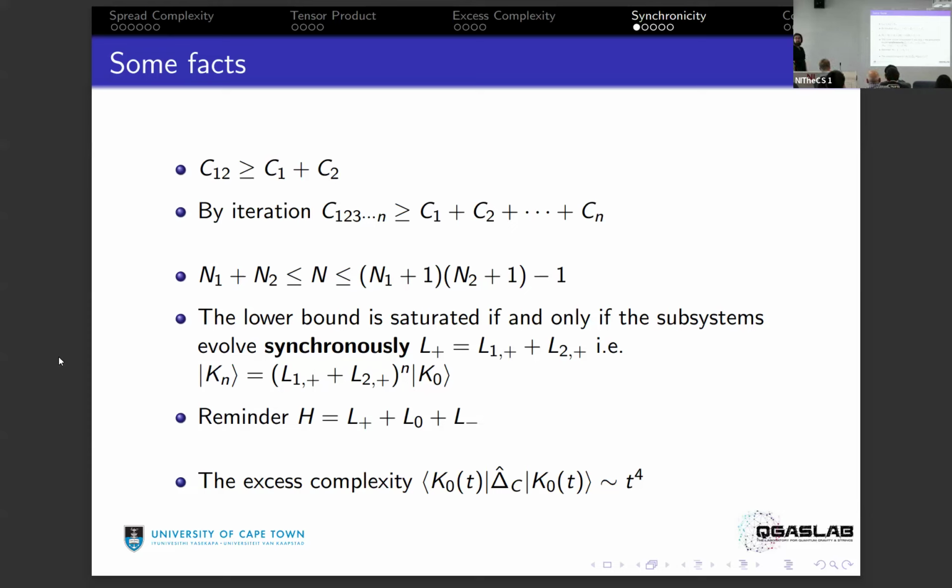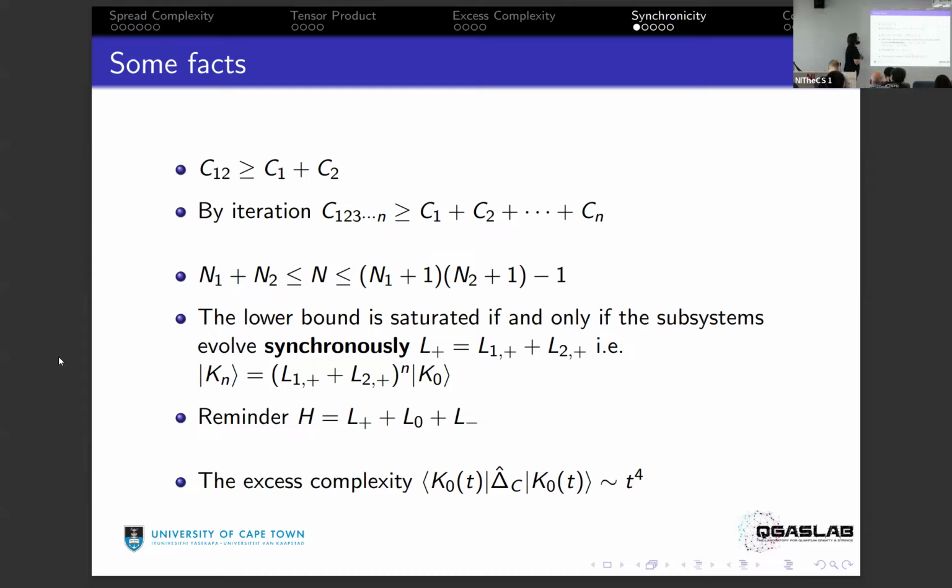What about the dimension of the combined Krylov subspace? Well, if the dimensions of the two subsystems are N1 plus 1 and N2 plus 1. I've used N here to denote the largest index that you will get. The index runs from 0 up to N1, 0 up to N2. But they satisfy these inequalities.